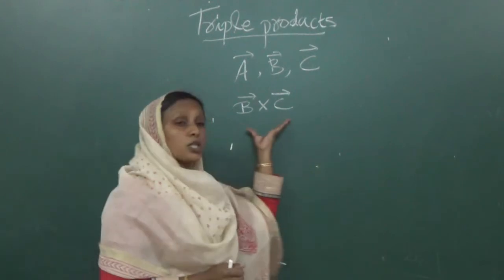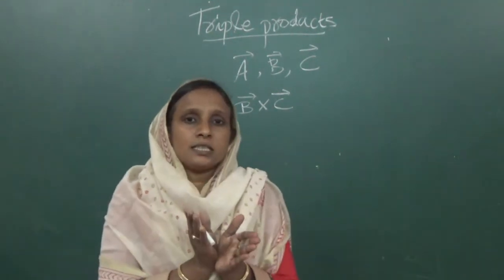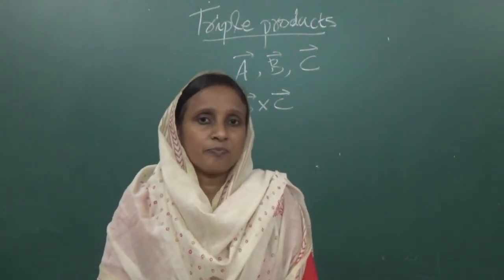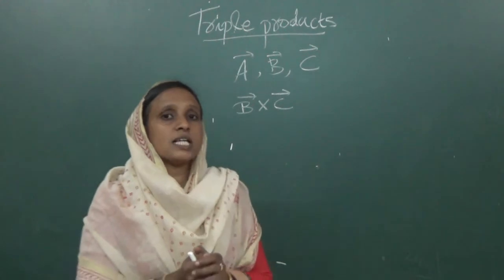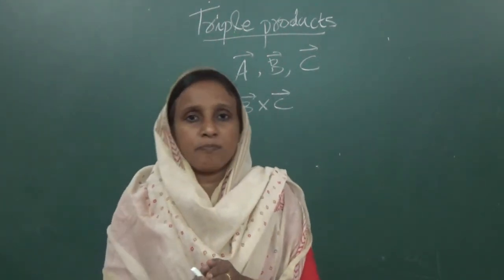What about this B cross C? This B cross C represents the area of a parallelogram.